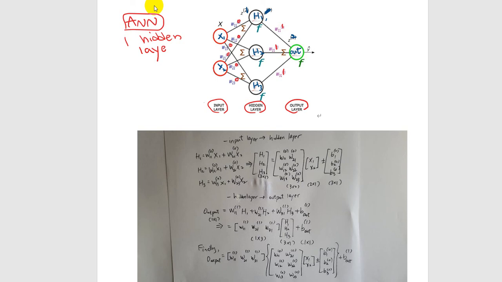So here we have two input parameters called x1 and x2, and we have three circles, which means that we need three neural values, or three nodal values, at the first hidden layer, and we're going to have one output parameter in the output layer.